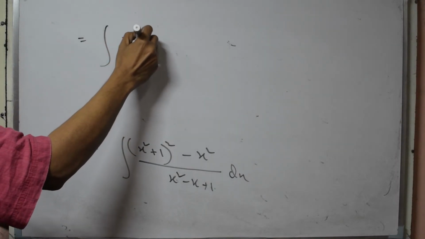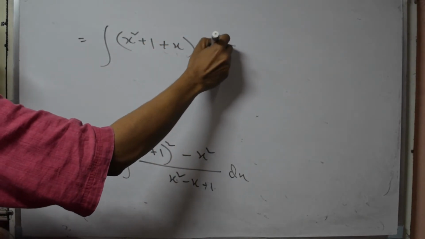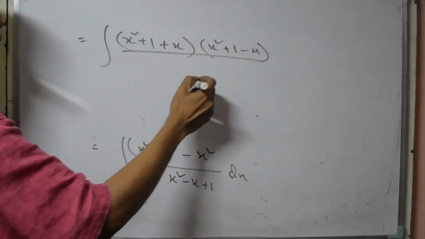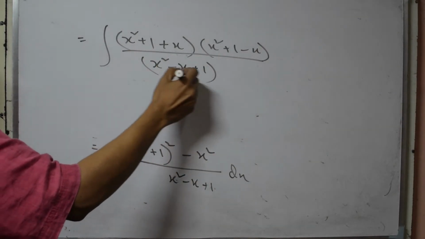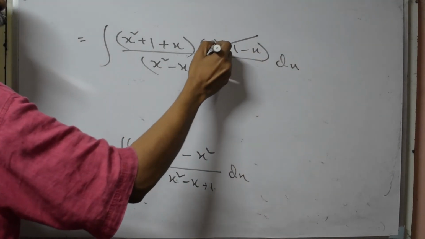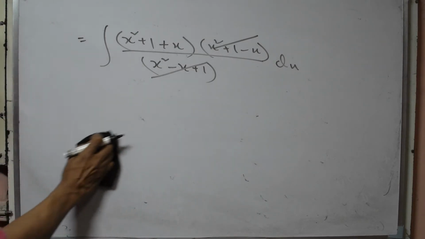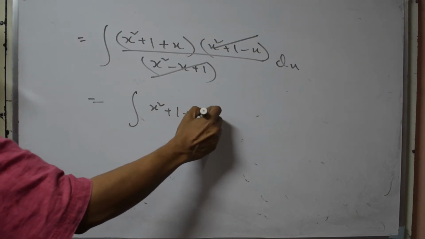That means, this is the a part, plus b into a minus b, and the whole expression divided by this one. So when we observe this, these two get cancelled, and we are left with this expression, x square plus 1 plus x dx.